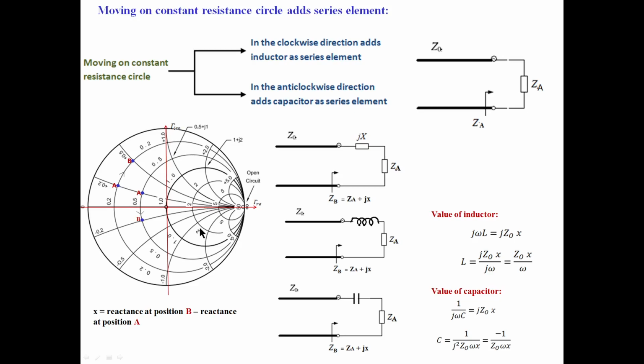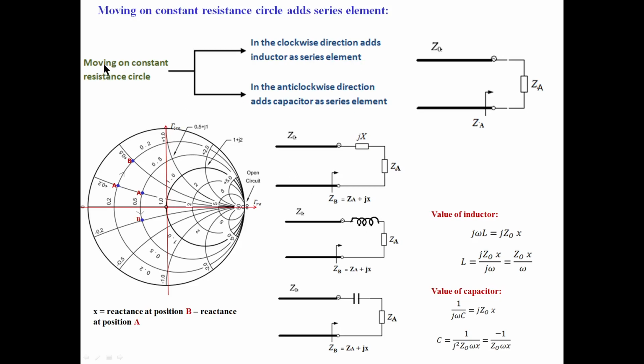This is moving on constant resistance circles. Constant resistance circle means this is the one we are moving over. The resistance value remains the same, that's why it's constant, but the reactance changes. So moving on a constant resistance circle in the clockwise direction adds an inductor as a series element.